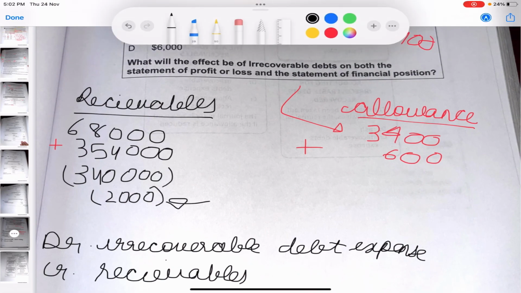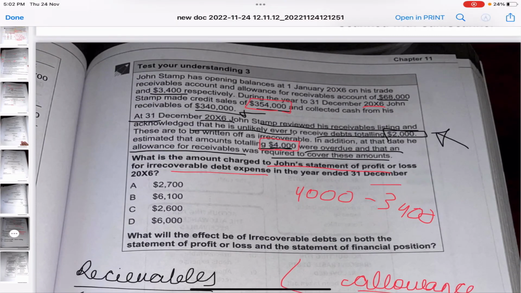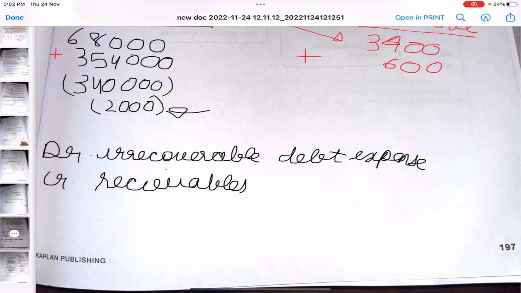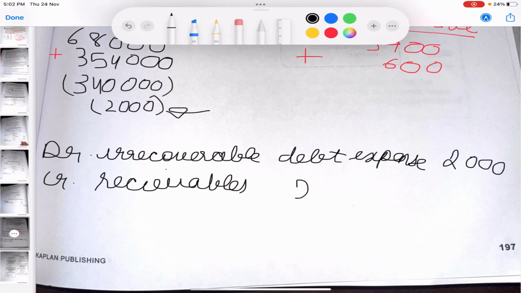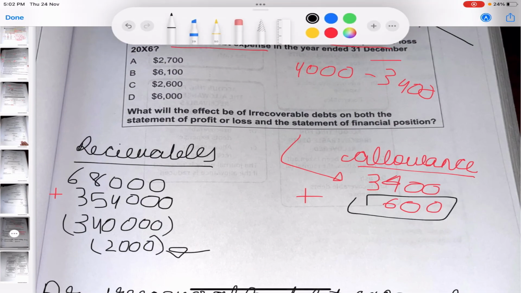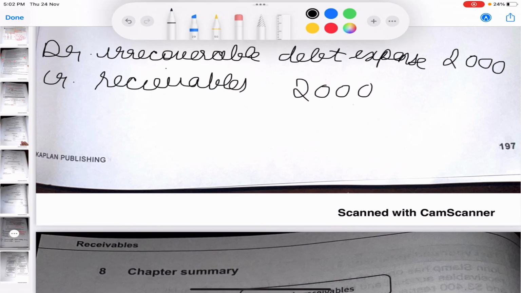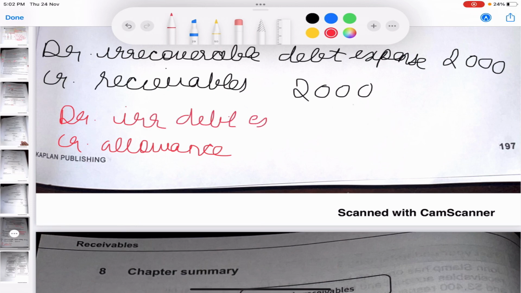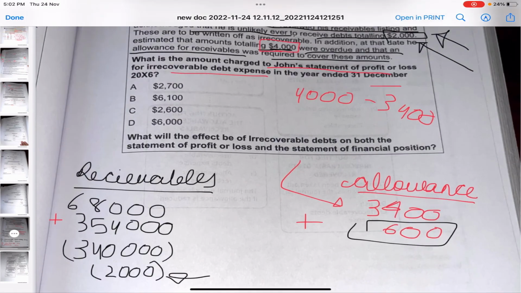So 2000 were declared as irrecoverable debt, right? Here we know the 2000 was declared as irrecoverable debt. So this is our journal entry, 2000, 2000, right? Now, when you are creating an allowance, you are creating an allowance of 600, right? So what is the journal entry of that? Credit allowance, because credit balance, debit irrecoverable debt expense, how much? 600, 600 and 600.